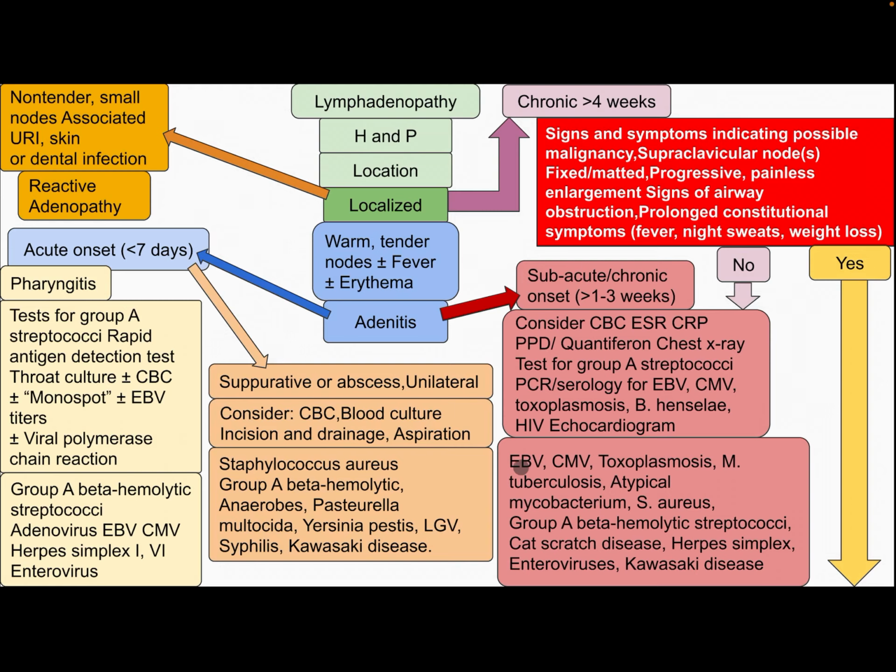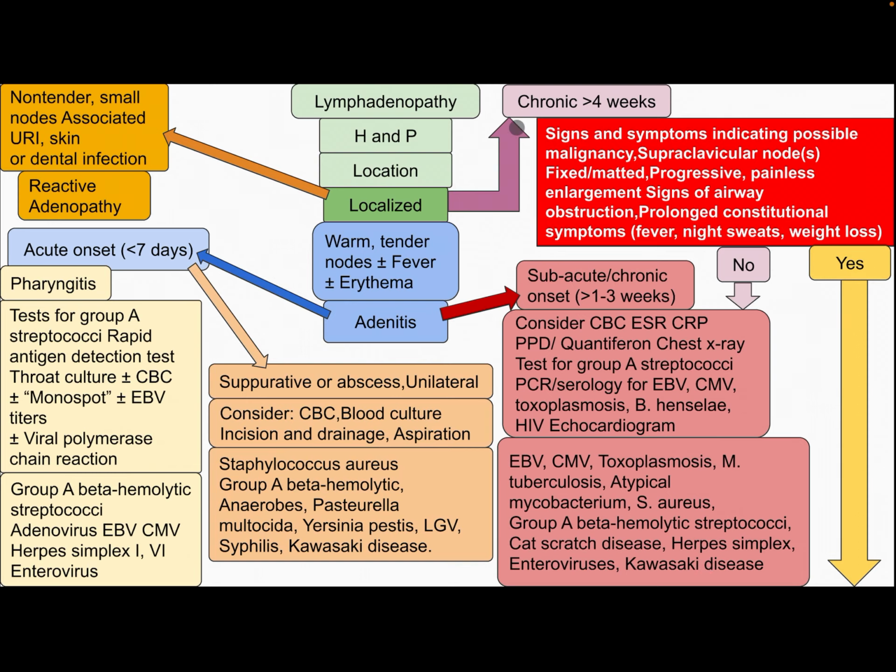Differential diagnosis: Epstein-Barr virus, cytomegalovirus, toxoplasmosis, Mycobacterium tuberculosis, atypical mycobacterium, S. aureus, group A beta hemolytic streptococci, cat scratch disease, herpes simplex, enterovirus, Kawasaki disease.